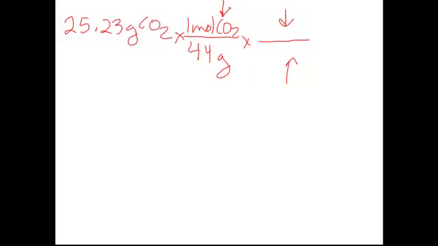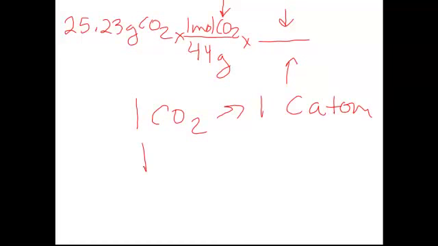Think about a mole of CO2. What that means is we have 6.02 times 10 to the 23rd CO2 molecules. If we had that many molecules, how many carbon atoms would we also have? We know that for every one CO2 molecule, there's one carbon atom.